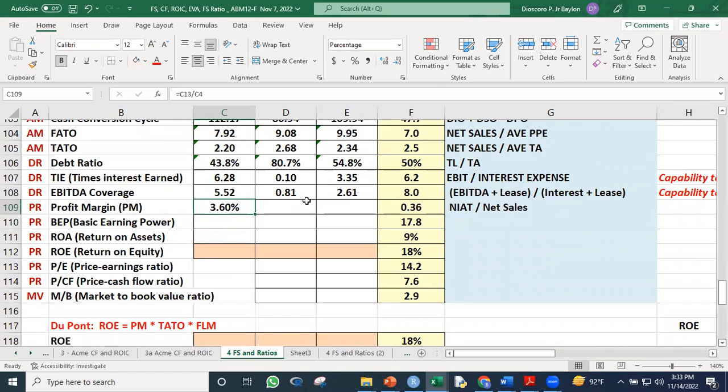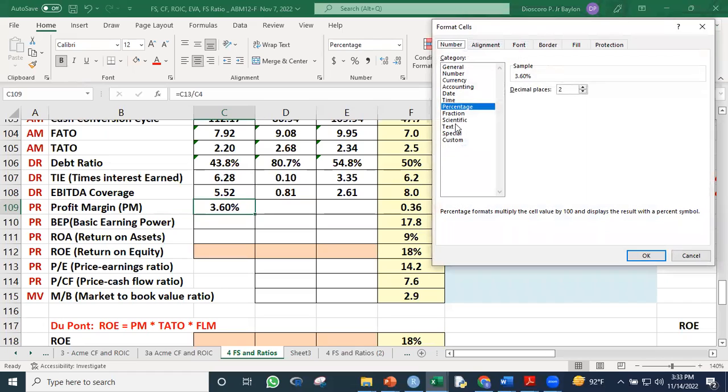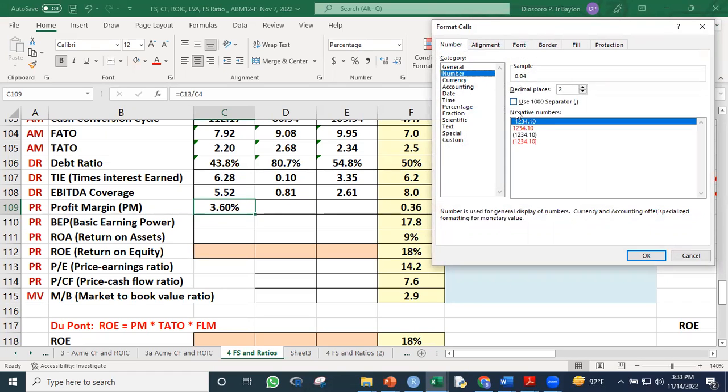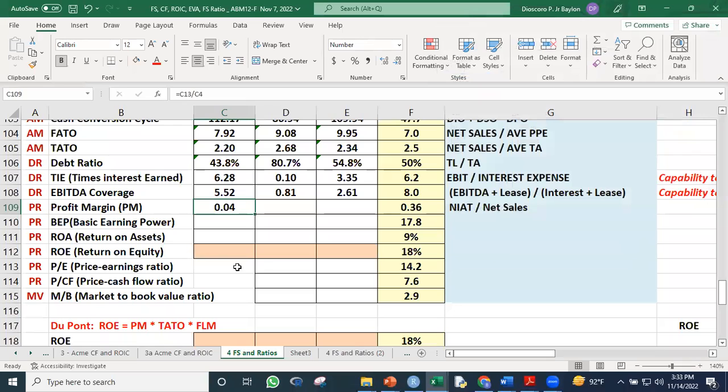Okay, let's make this into a decimal. Control 1, and make it into a number. Okay. So what does this mean? We can interpret this in terms of 1 peso sales or minsan mas madaling maintindihan kung 100 pesos yung sales.